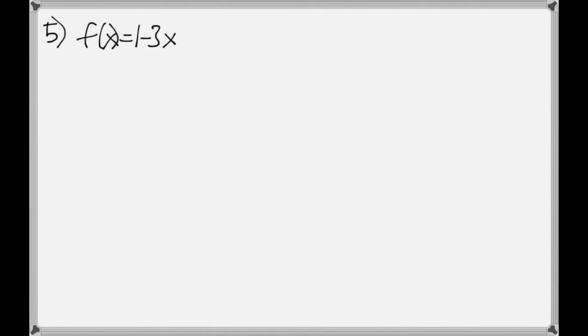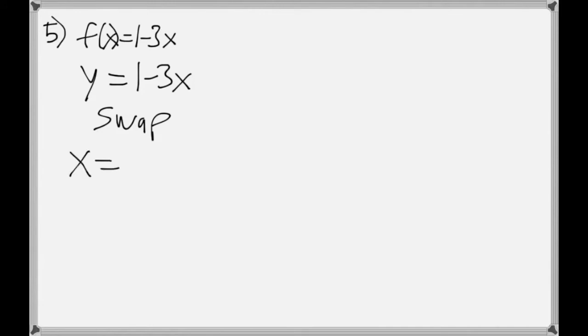So if we look at number 5, again, my first step is to not write it in functional notation. So I don't want to use f of x, I want to use y. Then I want to swap. So instead of y, I'm going to write x, and it's going to be 1 minus 3y. So I've just completely switched where my x and my y are. Now I need to solve for y.